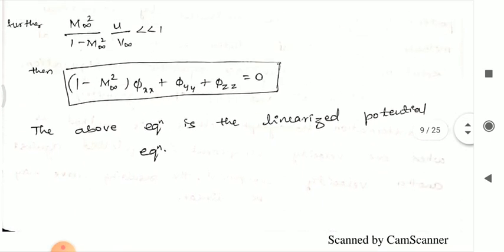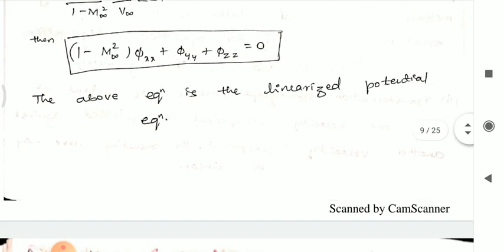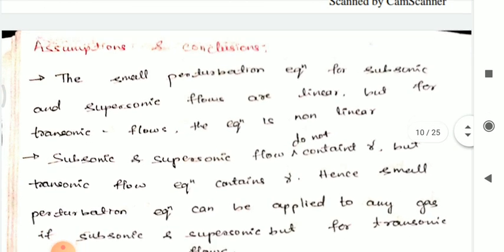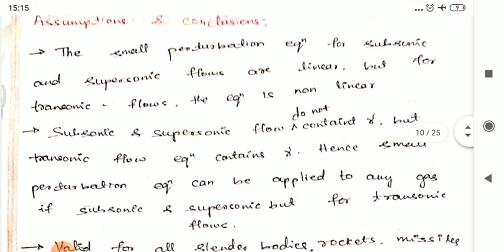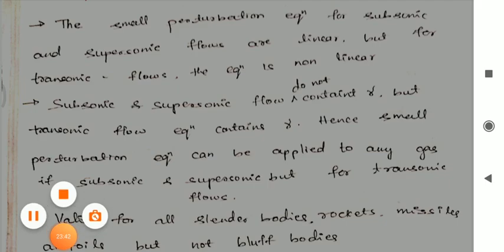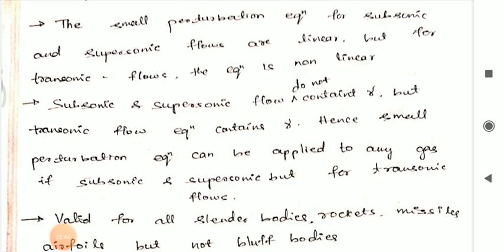And when we are neglecting these terms, why are we neglecting those particular terms? We are making some assumptions, and those assumptions and conclusions are: the small perturbation equation holds good only for subsonic and supersonic flows, and it can make only subsonic and supersonic flows linear but not the transonic flow. Transonic flow is always non-linear. Subsonic and supersonic flow do not contain the gamma term.